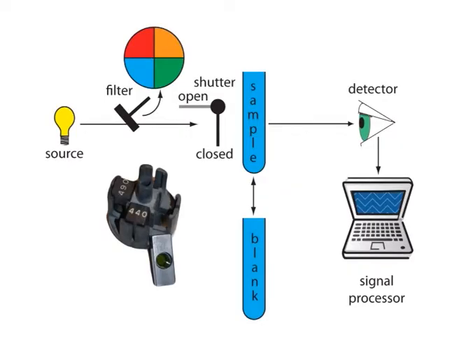It is also calibrated to 100% transmission using an appropriate blank after opening the shutter. The sample is then kept in place of the blank and its transmittance is measured. The advantages of photometers are that they are relatively inexpensive, rugged and easy to maintain.